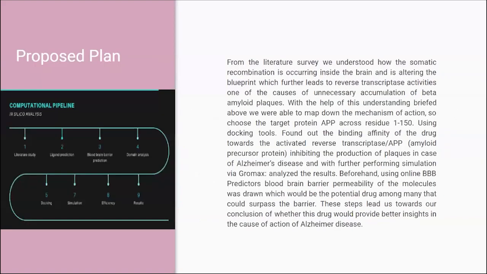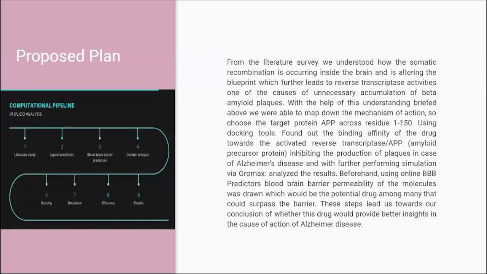Our proposed plan herein is that from the literature survey, we understood how somatic recombination is occurring inside the brain and altering the blueprint, which further leads to reverse transcriptase activity, one of the causes of unnecessary accumulation of beta amyloid plaques. With the help of this understanding, we were able to map down the mechanism of action.